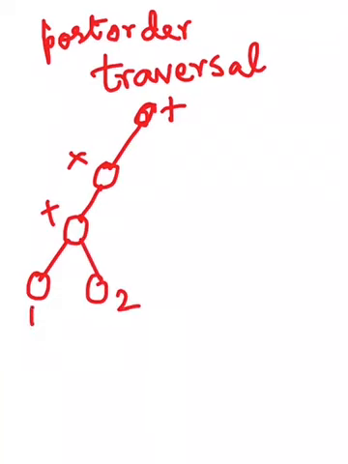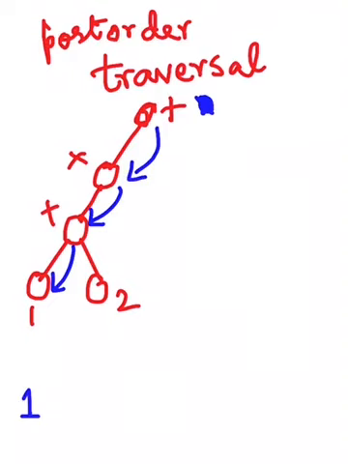So here you can see the idea is to first perform a post-order traversal of the left subtree. So I'm not going to print this particular node first, because my aim is to first go down to the left subtree. So I go down to the left subtree here, I go down further, I go down further, and there is nowhere to go now. So now I write the 1 here.